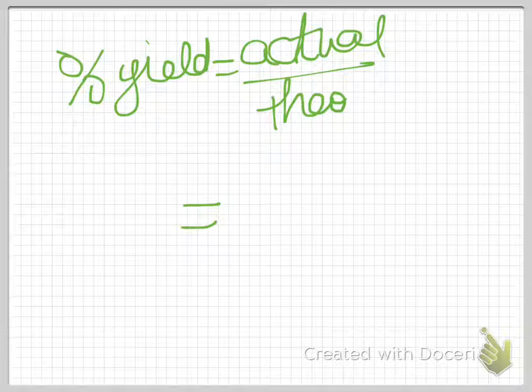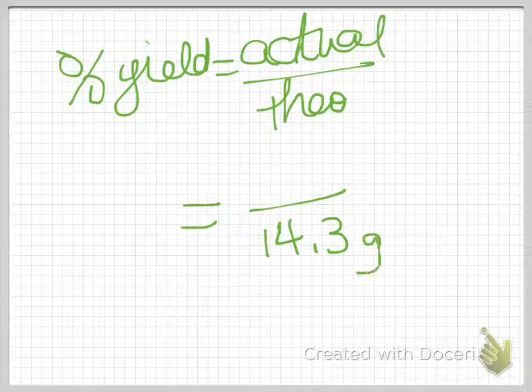Okay? And let's pretend on this one that the math said we should be able to make 14.3 grams. That's how much we should have been able to make. Let's pretend that we actually were able to make 10.1 grams. That's how much we were actually able to make.